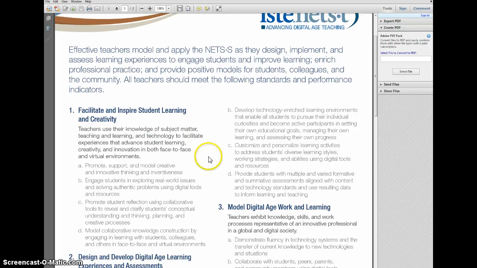This is a standard that supports the approach teachers will hopefully take to allow students to use technology to demonstrate what they learned and to learn content in ways that differ from the old traditional brick and mortar only classroom.